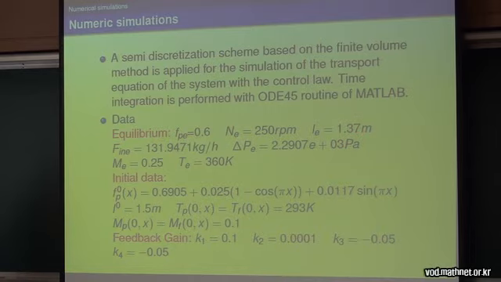And here are some equilibria for the moisture and the temperature. The initial data is chosen like this. And finally, the feedback gain constants that we design in our proportional feedback law are given by K1, K2, K3, and K4.